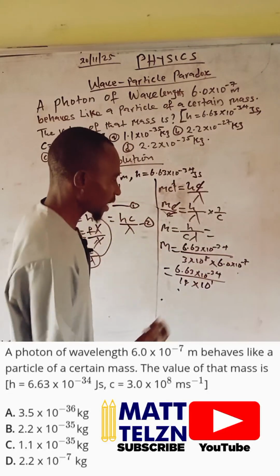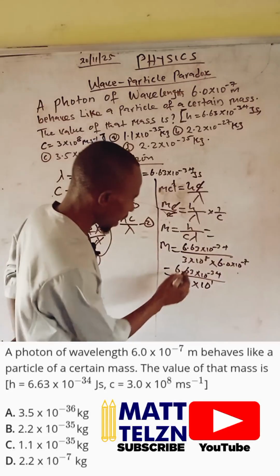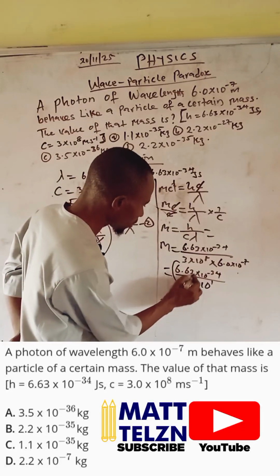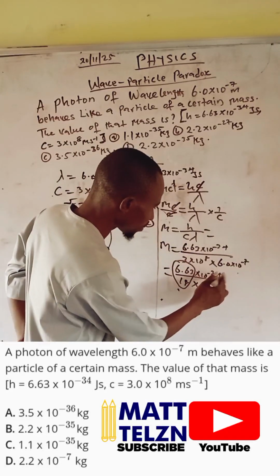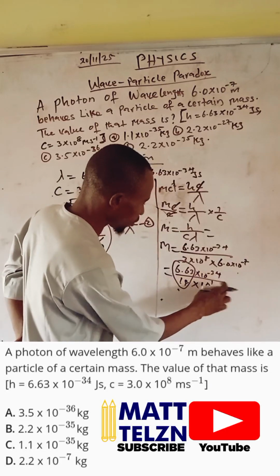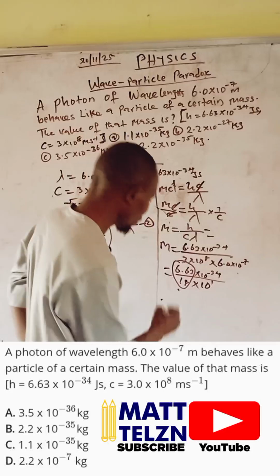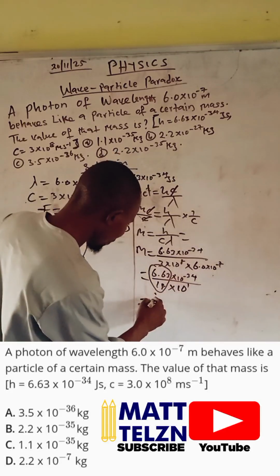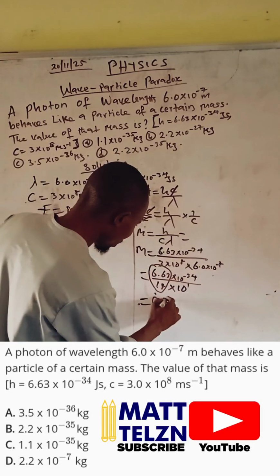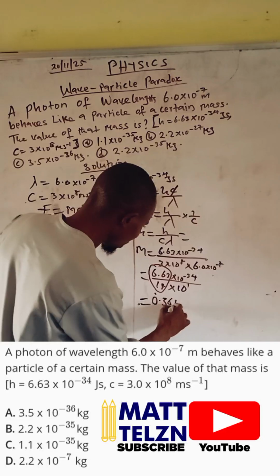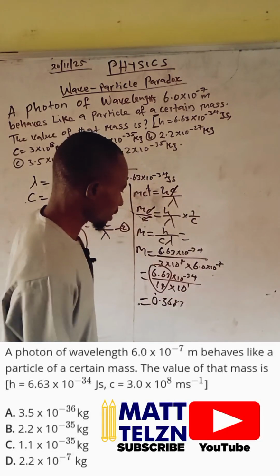Good. The next thing is I can still apply law of indices. I can divide this one here, then subtract the power, minus 34 minus 1. I will still get the same answer, right? If I divide this, I'm going to have 0.3683 with some number like that. Good.